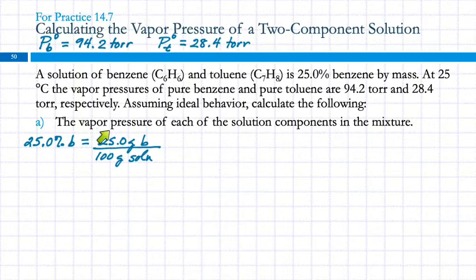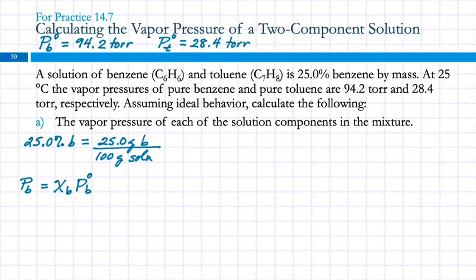It's asking me to find the vapor pressure of benzene and the vapor pressure of toluene in the mixture. And for that, I need Raoult's law. So the vapor pressure for the benzene is going to equal the mole fraction of benzene times the vapor pressure of pure benzene.